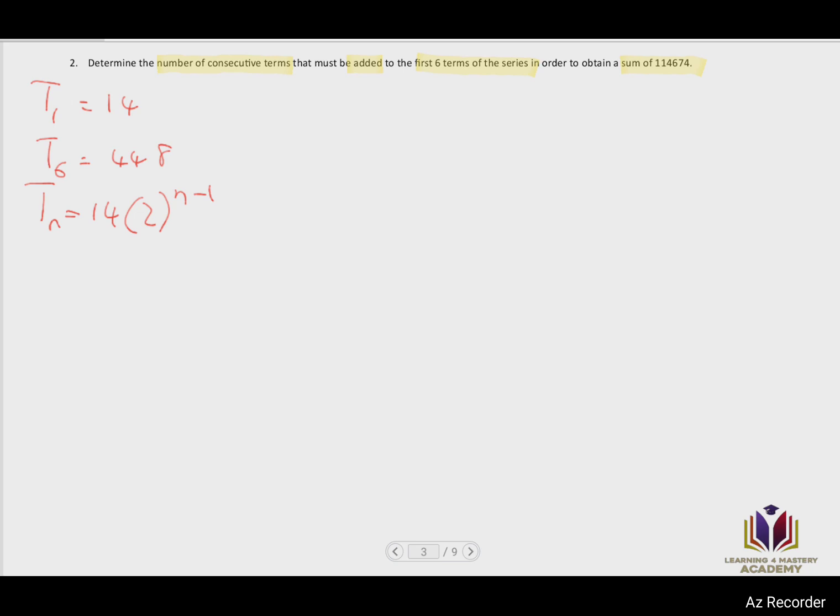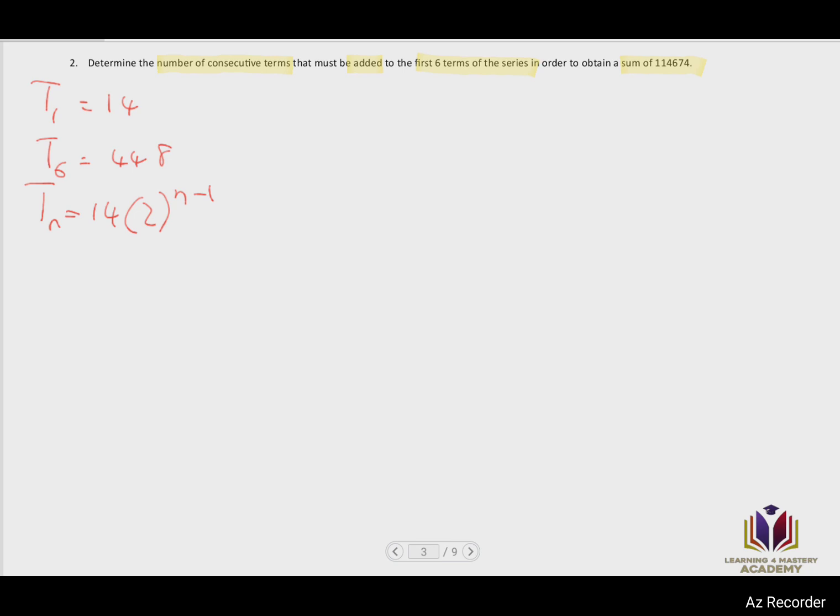I'm going to repeat this one last time. The question is basically saying, how many terms have been added to the first 6 terms of the series to obtain 114,674, right?